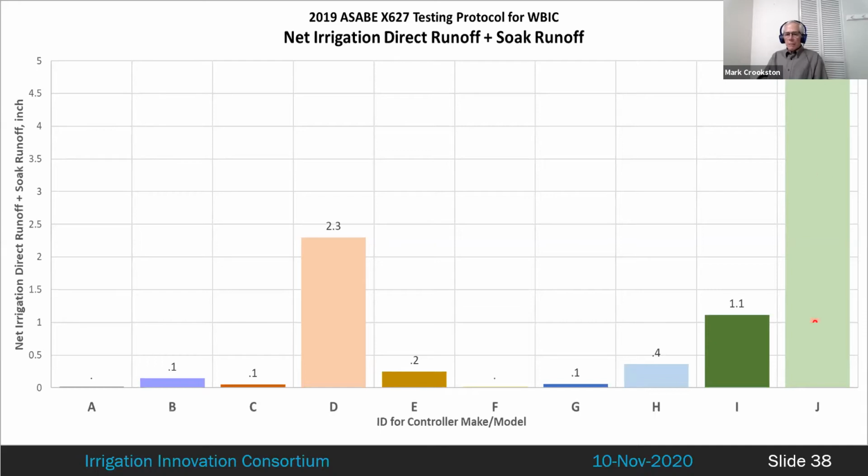And that could be an issue on J. But the rest of the controllers actually did pretty well. And it should be noted that A, B, C, and D are all using on-site sensors. So again, C did very well, D struggled, and even though they did not have direct runoff and soak runoff problems, there were other issues with controllers A, B, C.